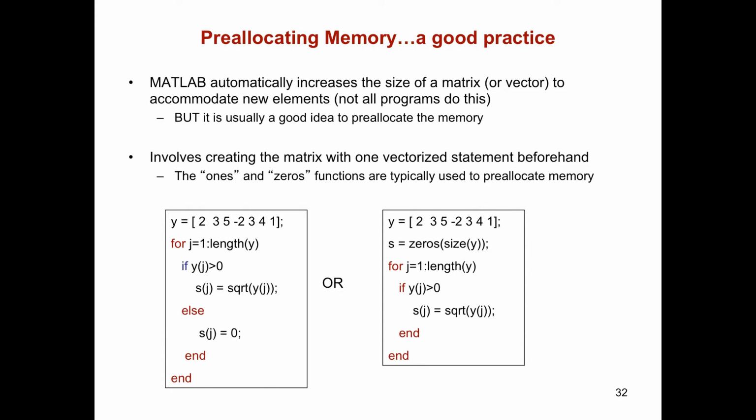If this S line was not in the code, MATLAB will underline S here and say, watch out, your array is growing within the for loop, that can be time consuming, or whatever the prescribed message says. So again, pre-allocate memory if you can.